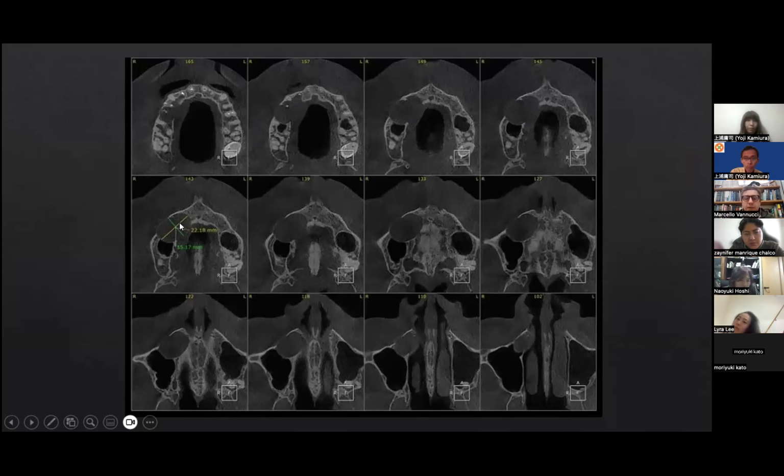So the idea was, what is the most important approach we can do, palatine or vestibular: to do a reconstruction first with removal of the teeth and reconstruct with, for example, titanium mesh, or just put biomaterials inside the lesion.